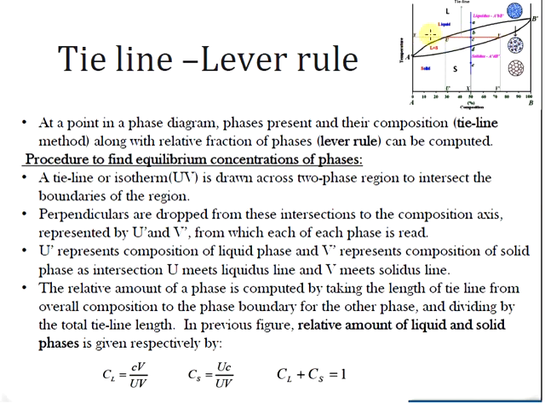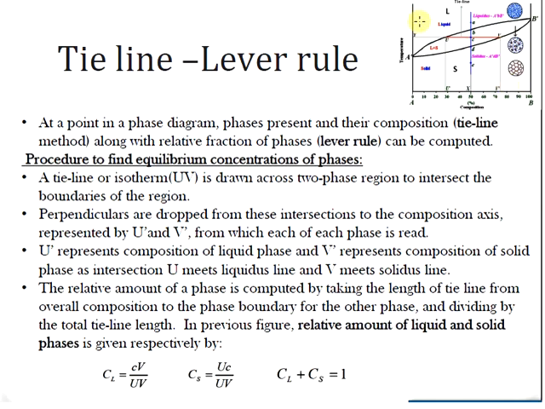The line that connects these two points is called the tie line. This is the horizontal line where we establish a thermodynamic equilibrium with respect to temperature. So this is an isotherm line, actually the tie line, which is at a constant temperature.